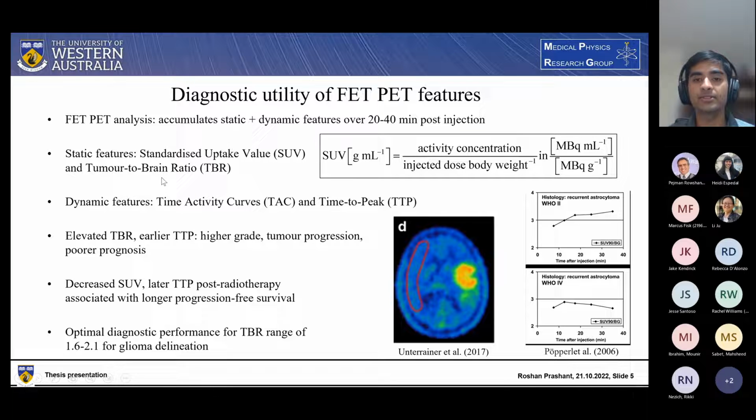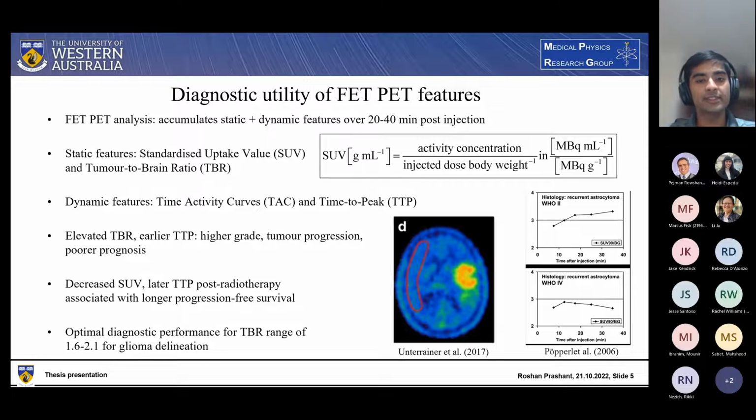The tumor to brain ratios are determined by comparing the level of tracer accumulation within a tumor region with a crescent-shaped region of normal brain tissue encompassing both gray and white matter in the contralateral hemisphere to which the tumor is in. SUVs are, as mentioned in the name, standardized according to body weight, and this is to facilitate comparisons between groups of patients as well.